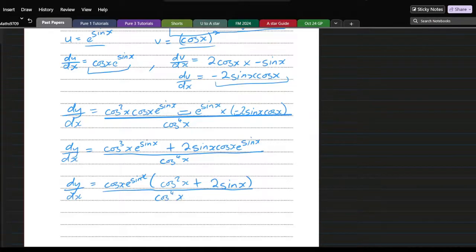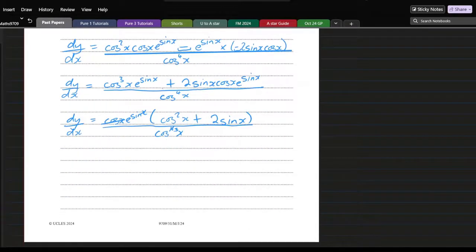So we can cancel out the cos x, and this here becomes a 3. Alright, so we're saying that dy/dx is equal to e to the sine x, divided by cos cubed x, multiplied by cos squared x plus 2 sine x. This is our dy/dx.